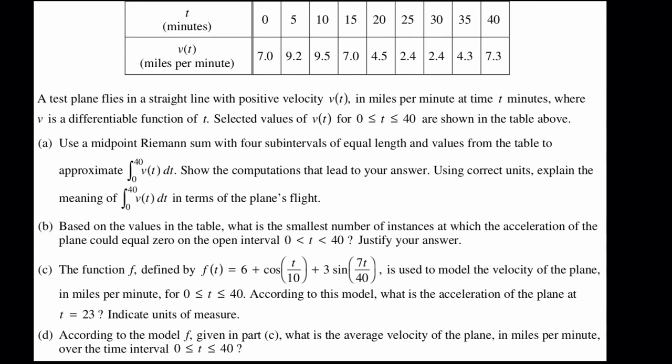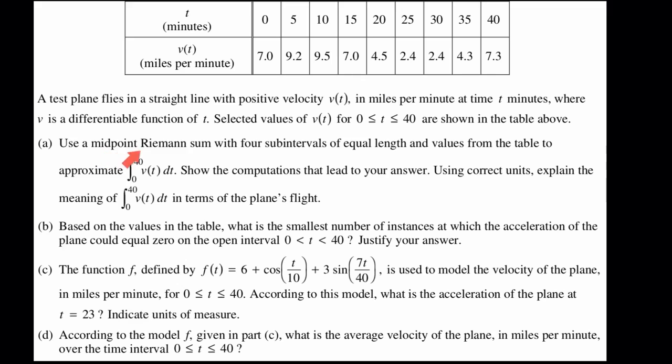All right, so we're going to talk through this next one here. We're not going to work the entire problem, just kind of talk through some different points here. The first thing is a test plane flies in a straight line with positive velocity v of t in miles per minute at time t minutes, where v is a differentiable function of t between 0 and 40.